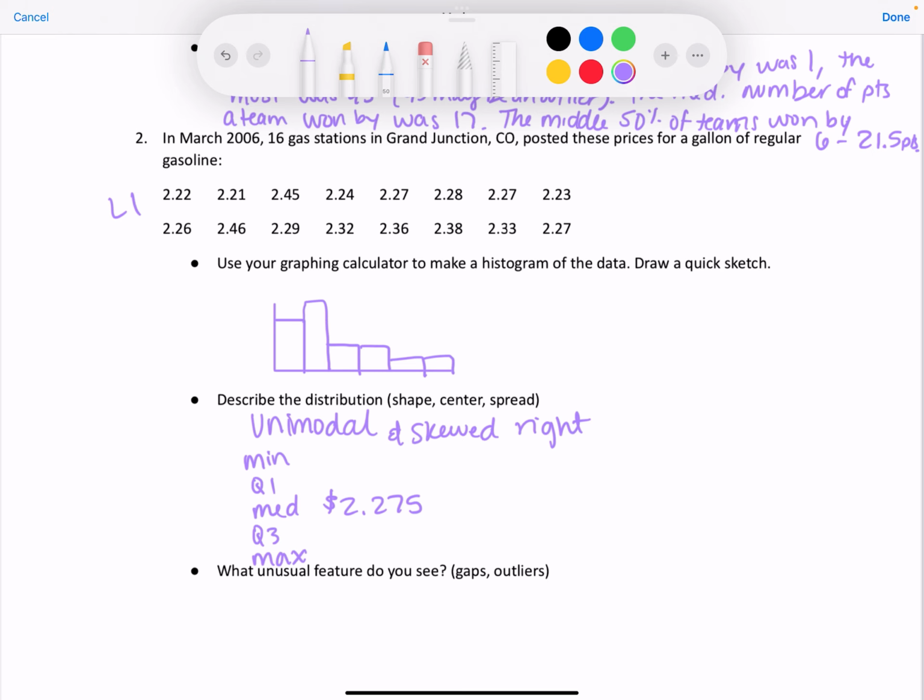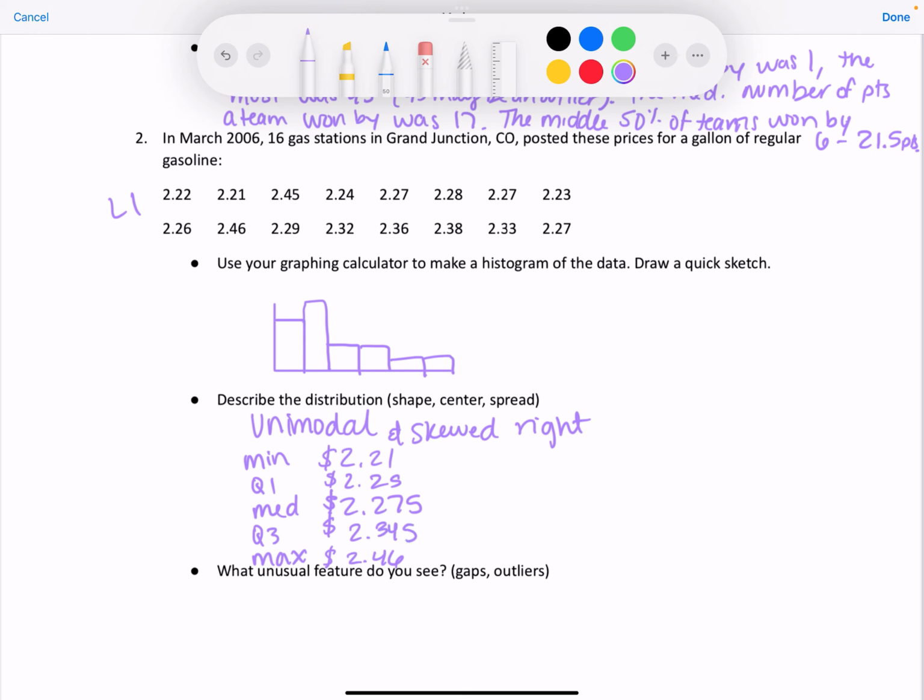Now let's go ahead and do min and max. What's the min? 2.2. Max? All right, and then Q1 and Q3. Q1 is 2.25. Q3 is 2.345.